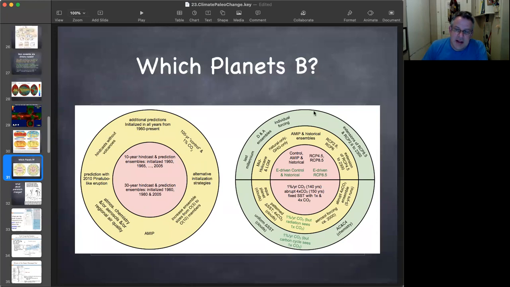And on the right-hand side is the set of simulations that could possibly be undertaken. Each one of these is a different experiment. And even within these different experiments, there might be multiple ensemble members in some of them, so as to handle that average variability. This is a huge amount of computing.